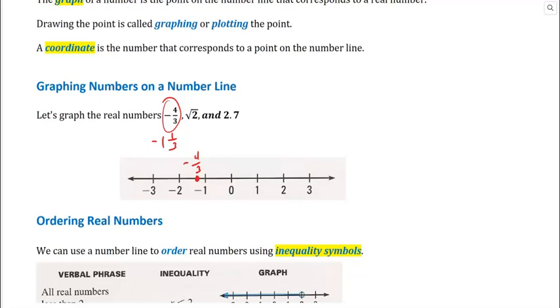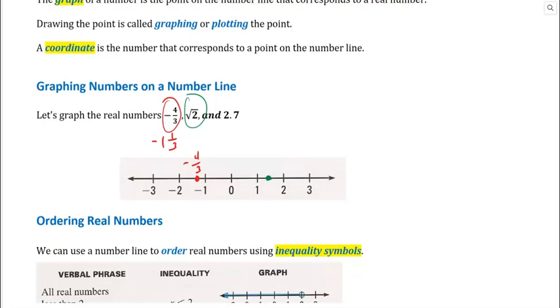Okay. Now the square root of 2 is, on a calculator, 1.4142135662, and so on. It keeps on going. It's an irrational number, but it's roughly about 1.4. So if we were going to graph the square root of 2, it would be somewhere just slightly less than 1.5.